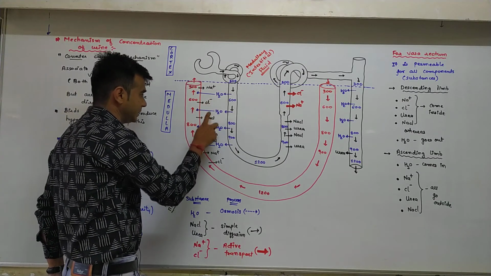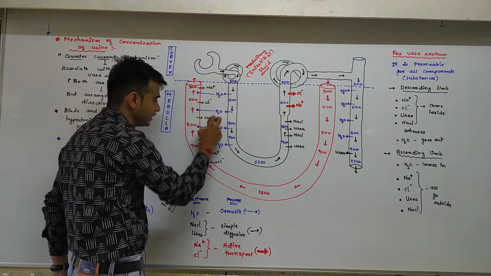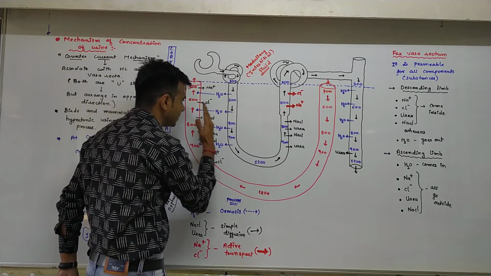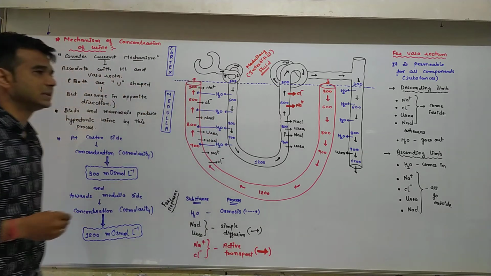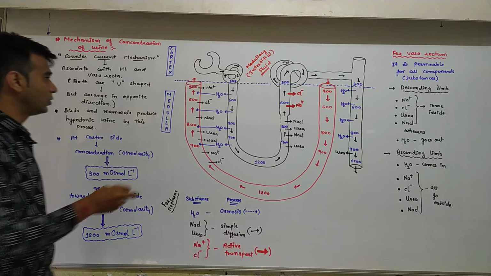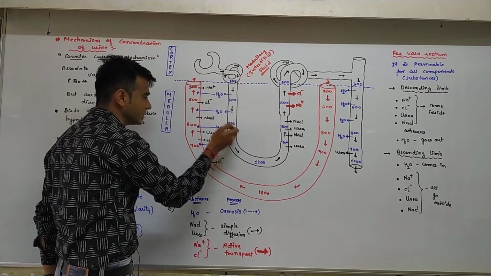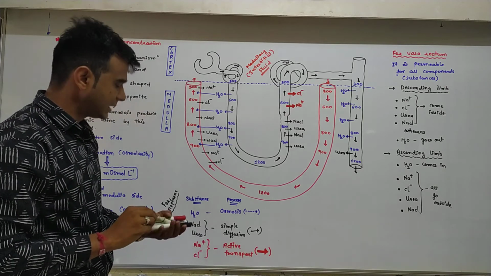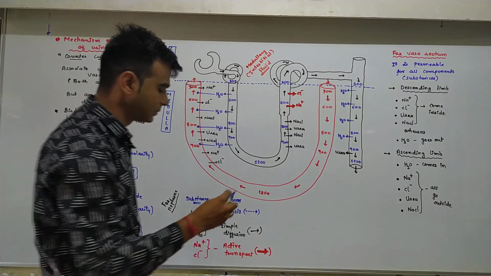Na plus, Cl minus, NaCl and urea enter here in the medullary fluid or interstitial fluid, but are not able to enter the descending limb of the loop of Henle because all these components are impermeable to this. Fine? Okay. Now I can trace the arrow.